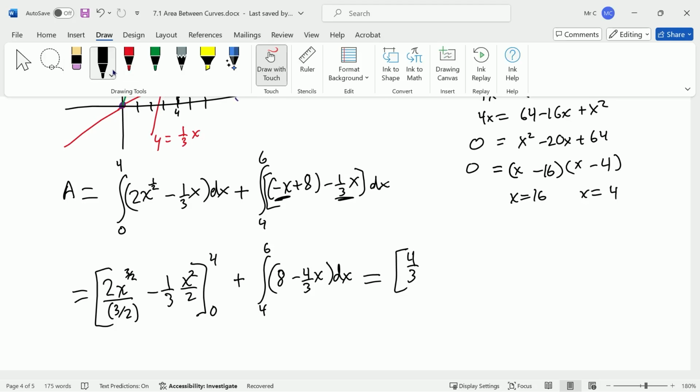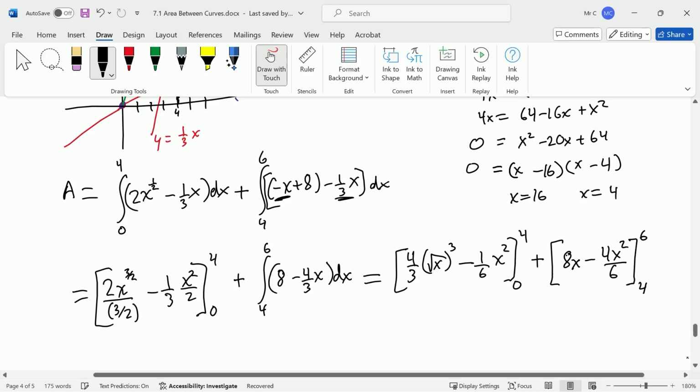And instead of writing it as x to the 3/2 power, I'll change that to radical form as the square root of x cubed, minus 1/3 times 1/2, that's 1/6 x squared, evaluated from 0 to 4, plus. And now the second integral, that's going to be 8x minus 4x squared over 3 times 2, which is over 6, evaluated from 4 to 6.